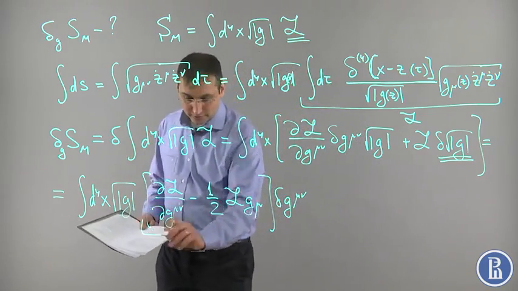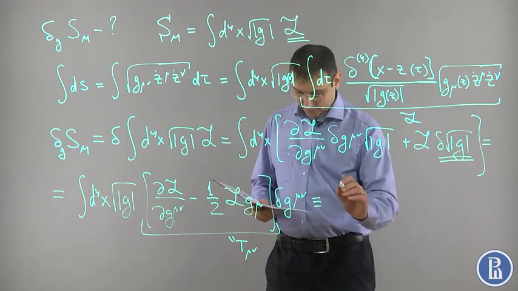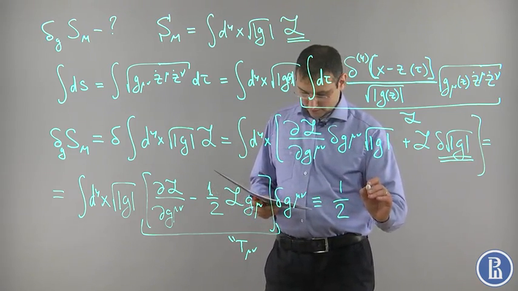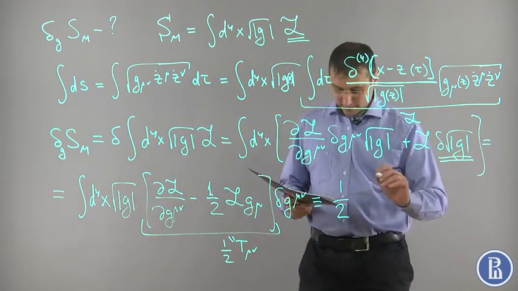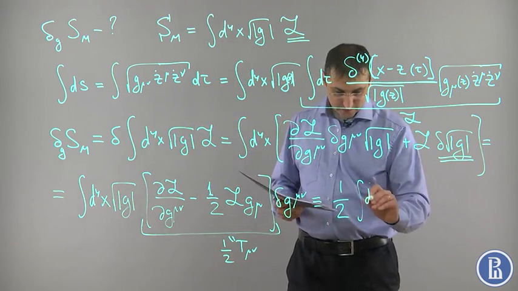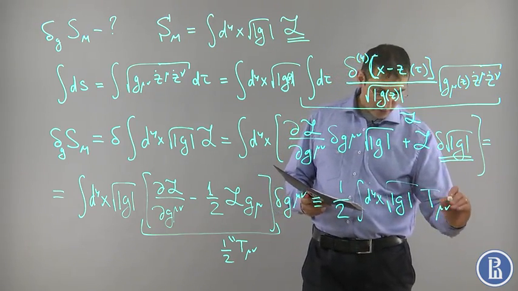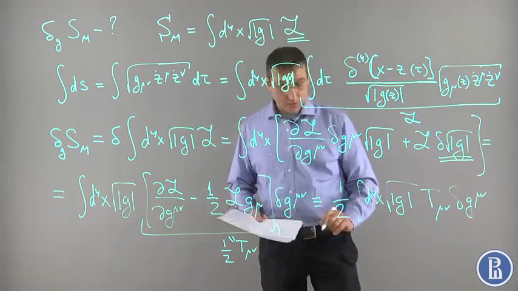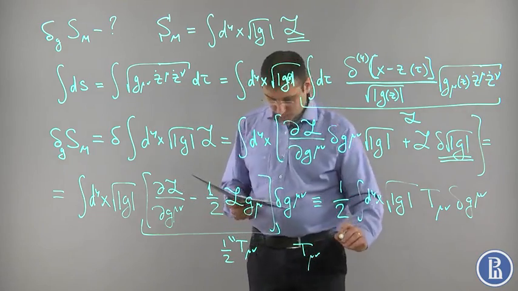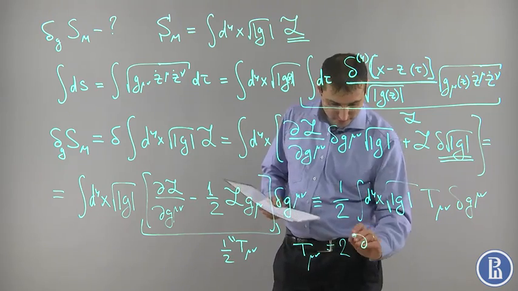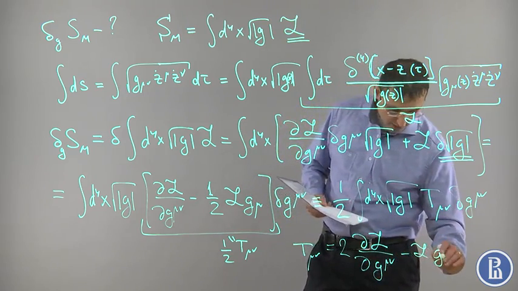Well, we will denote this quantity as t mu nu. Then by definition this is equal to 1/2 integral over d4x square root of modulus of g t mu nu delta g mu nu, where t mu nu is equal to 2 dL over dg mu nu minus L g mu nu.